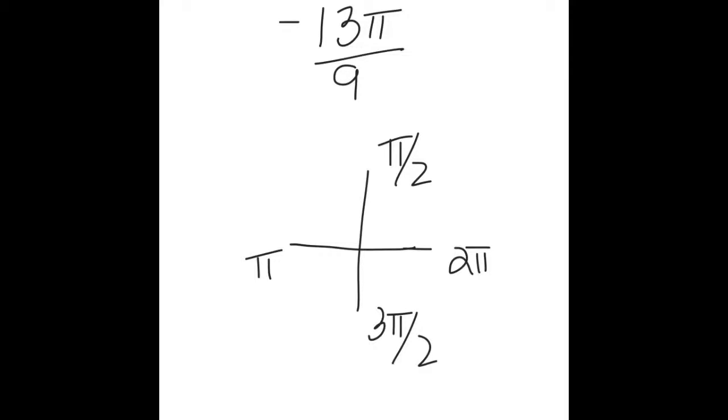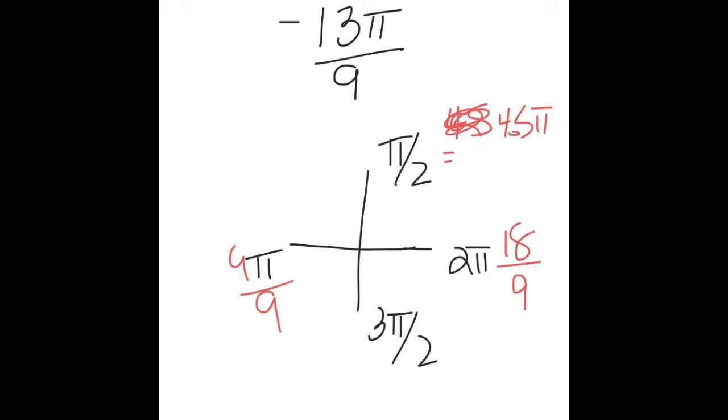And so remember the advice I gave you, turn everything into the same denominator. So this is really 9 pi over 9. This is the same thing as 18 pi over 9. This is the same thing as 4.5 pi over 9. So you get the idea.